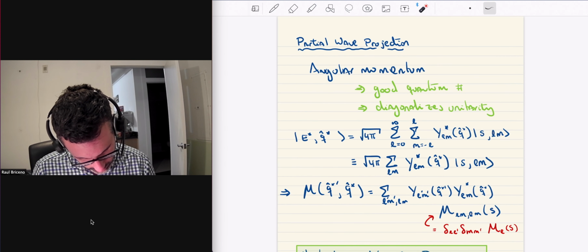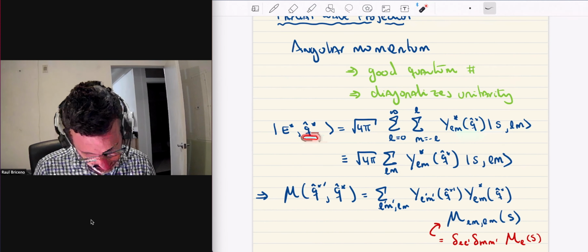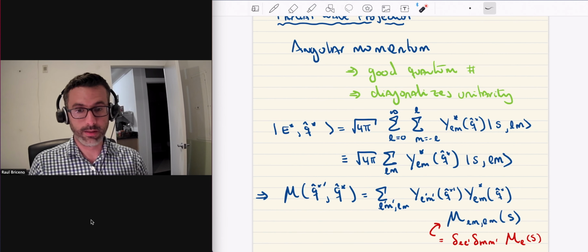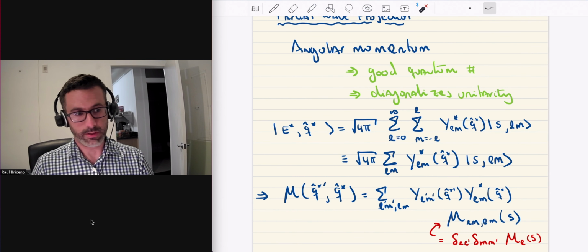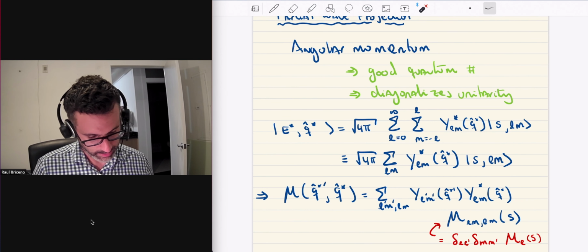All right, so what the spherical harmonic does is take into account the angular dependence that is unconstrained from the on-shell condition. And so this spherical harmonic is just keeping track of that.